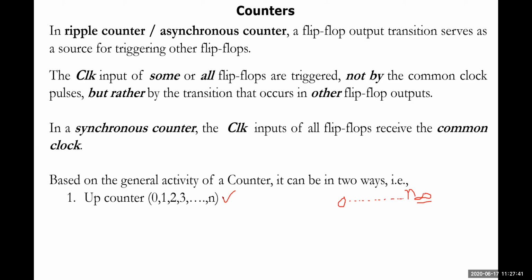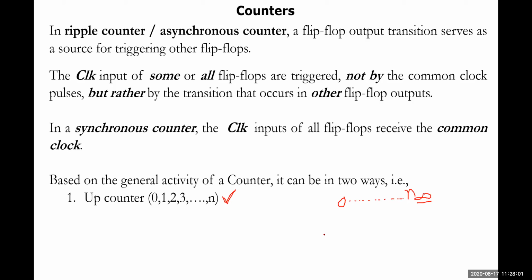Where exactly do you use this up counter? There are many real-time applications for up counters. For example, EVMs, electronic voting machines. If a person votes for one particular party, previously all parties had 0.